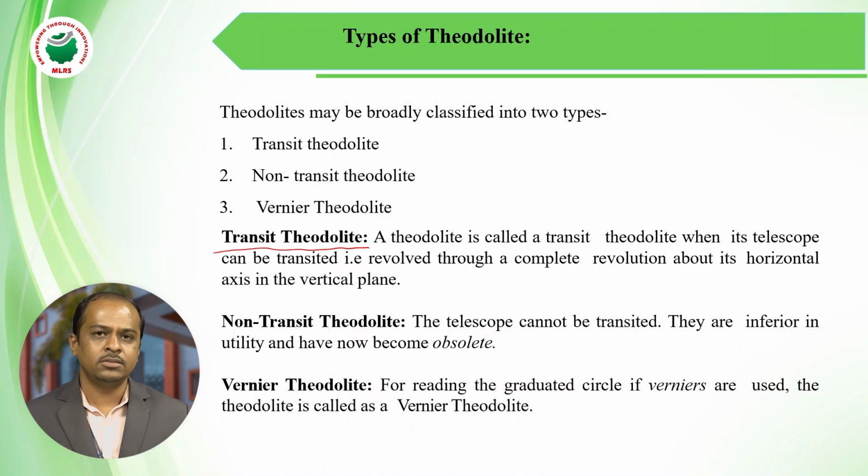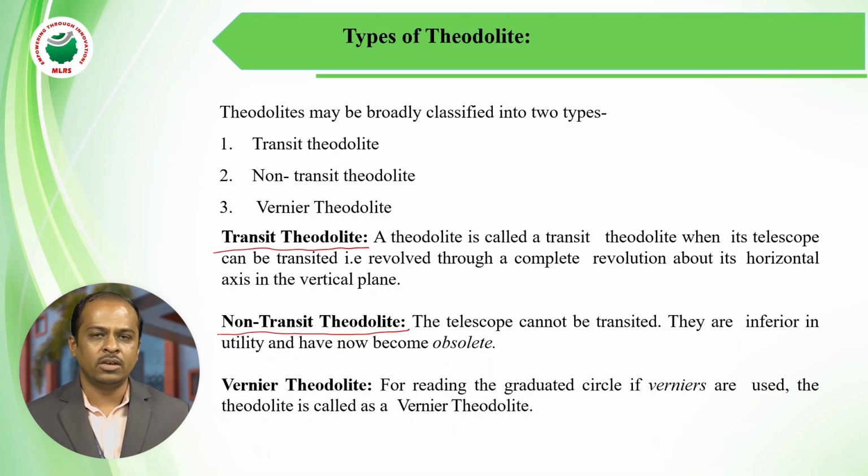If the telescope can be transited, that type of instrument we call a transit theodolite. If the telescope can't rotate up to 180 degree or 360 degree, that theodolite we call a non-transit theodolite.